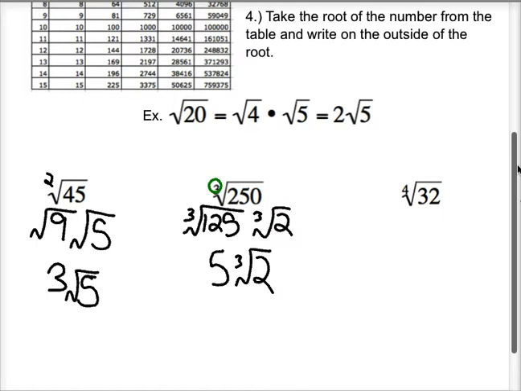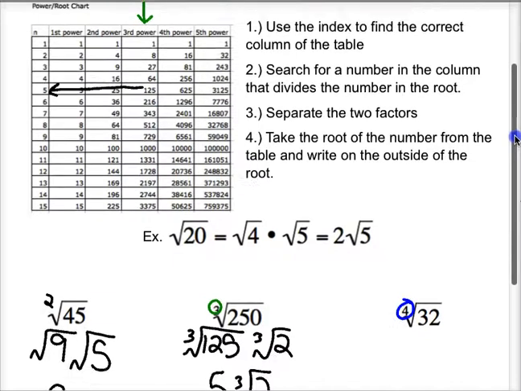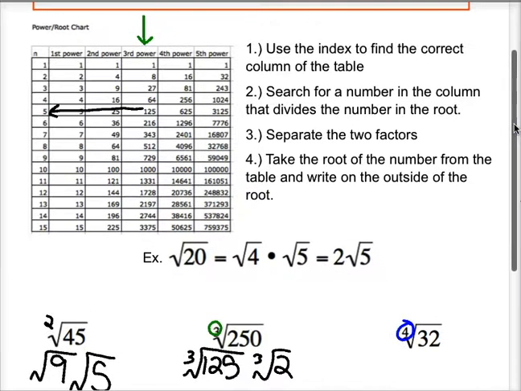Let's try one more example to make sure that we're getting good at splitting these up. So this time we're talking about a fourth root. So I'm going to come up here and make sure I'm focusing on the correct column. So fourth root. And again, notice 32 is not actually on that list. So what I started hunting for are numbers that divide 32.